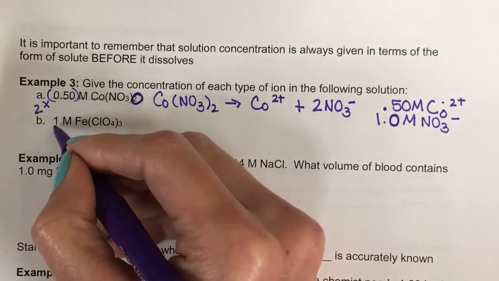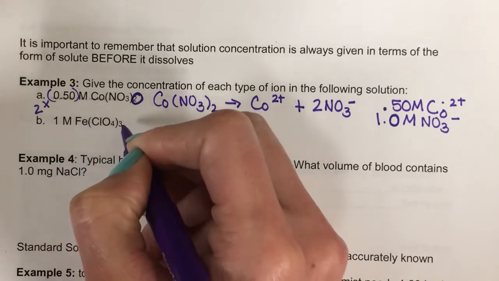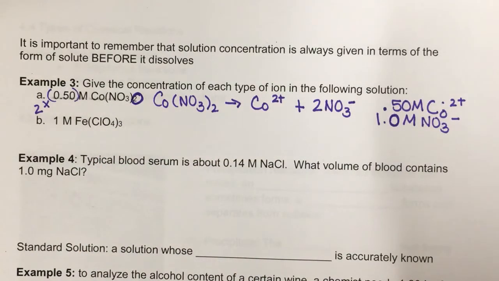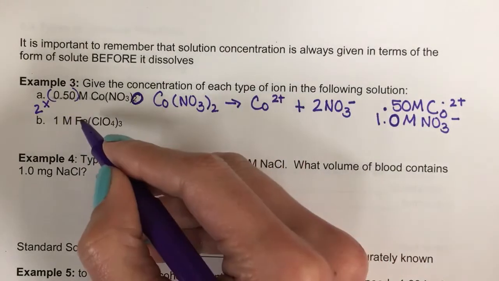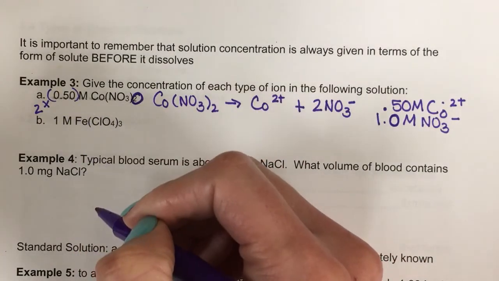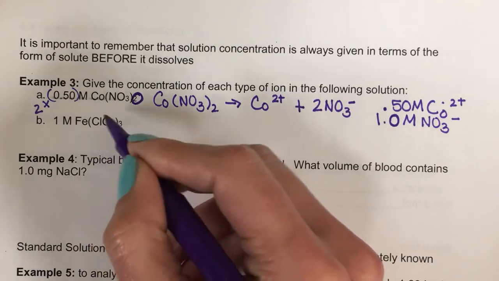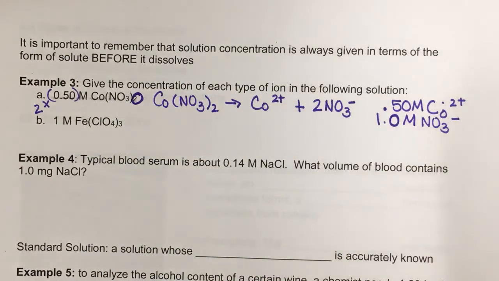Okay? So take a second. I have 1 molar iron 3 perchlorate. Take a second and figure out what the concentration is of your iron 3 ions and what your concentration is of your perchlorate ions.